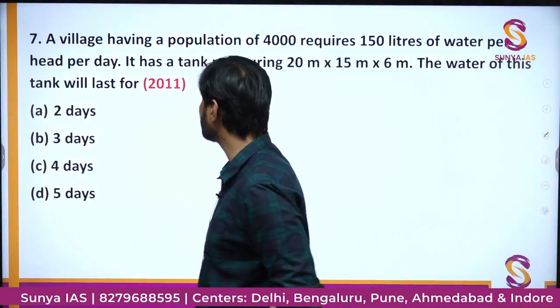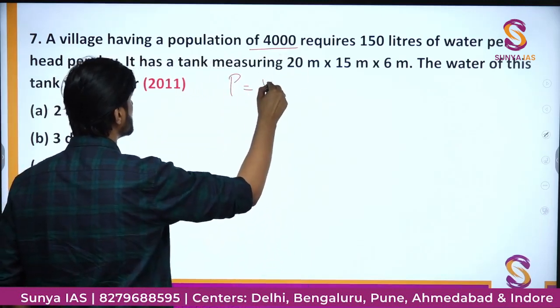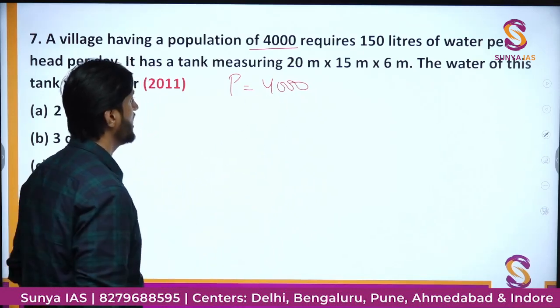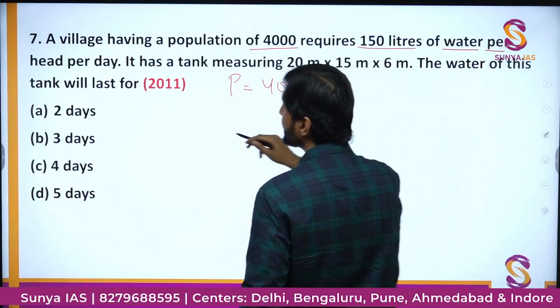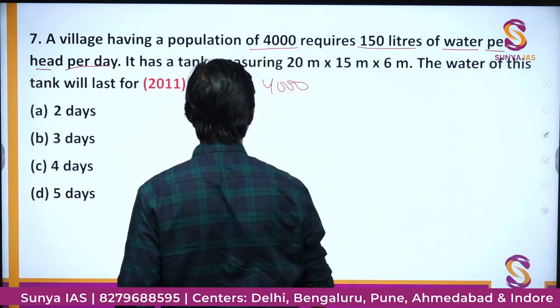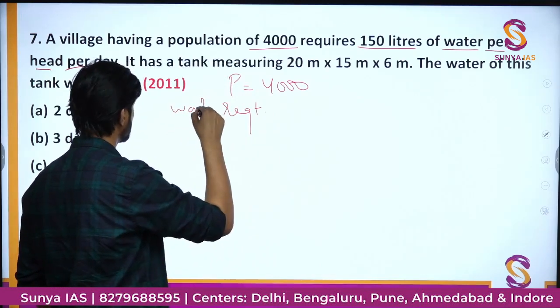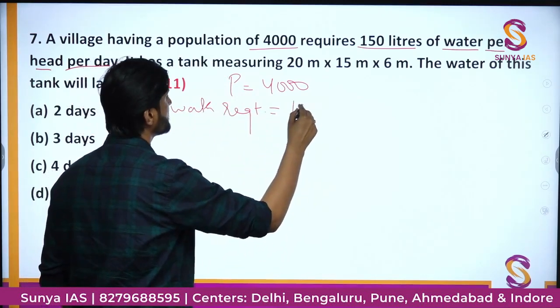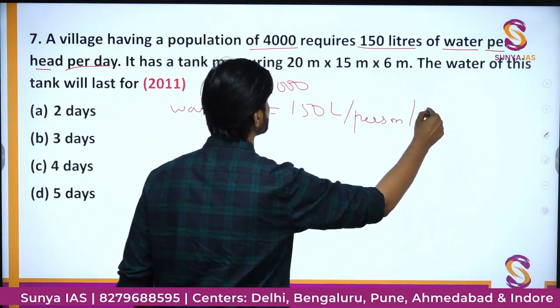A village is having a population of 4,000. So what is the population of the village? It is 4,000 people, and it requires 150 liters of water per head per day. So what is the water requirement? 150 liters per head, or per person, same thing, per day.